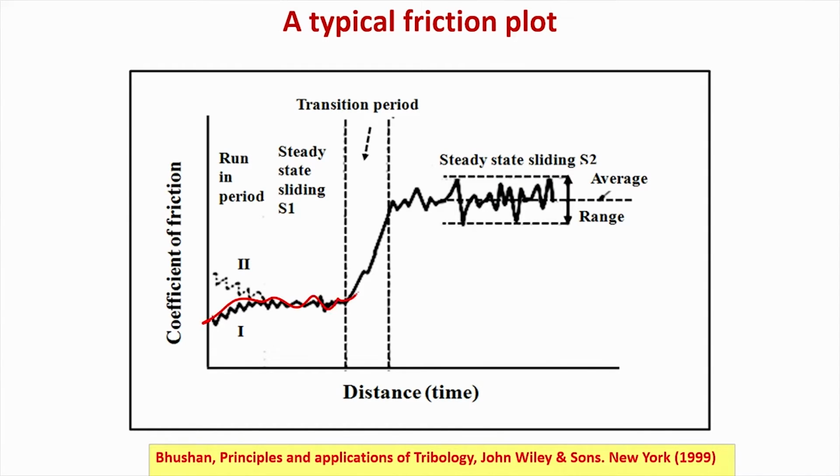Now, initially this frictional force is typically low, then it goes up, then it goes to steady state sliding conditions. Okay. And if you see the steady state sliding conditions, there is a transition. So, the transition is that it goes from low to high frictional force. Here the steady state coefficient of friction mu SS is greater than the mu in the running-in period, right.